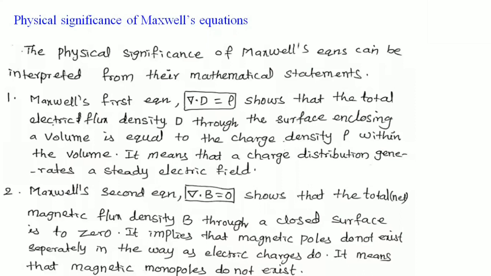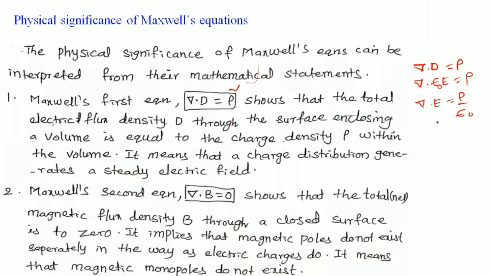The first Maxwell equation: del dot D is equal to rho, or del dot epsilon E is equal to rho, or for free space, epsilon naught del dot E is equal to rho by epsilon naught. That is the total electric flux density.